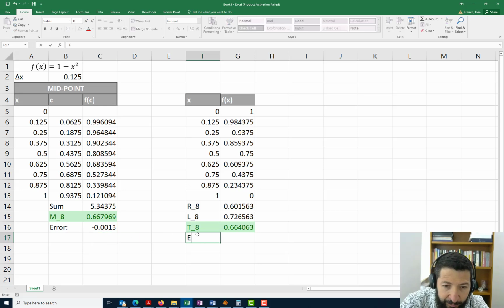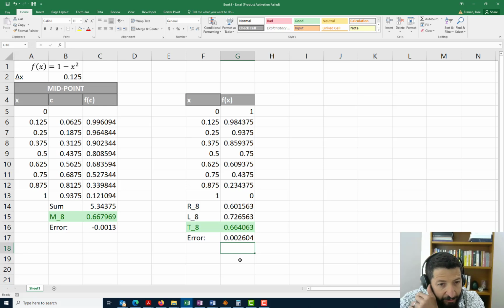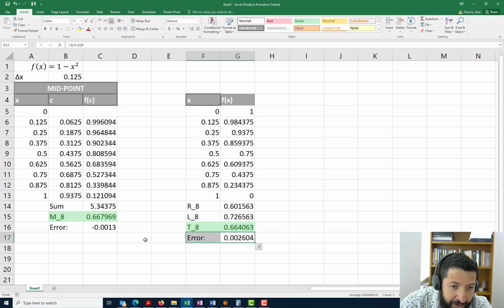The error here for the trapezoidal rule is going to be equal to 2/3 minus this one. So you see it's a little bit larger, but I feel like those are pretty good. You'll see that Simpson is extremely accurate.